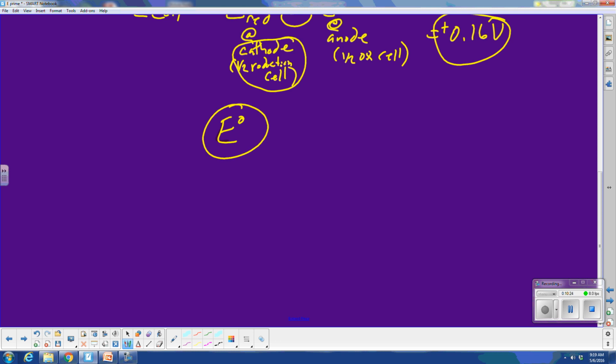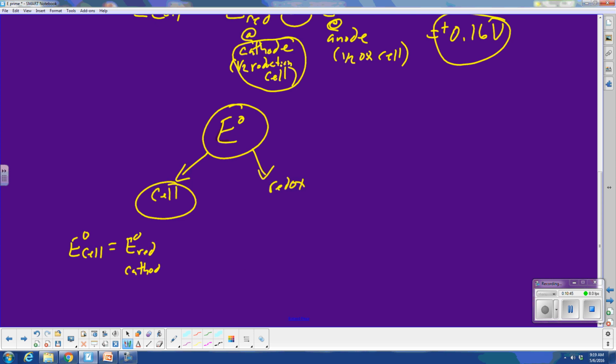My potential I can use for a cell, or I can calculate a potential for a redox reaction. The way I can calculate my cell potential, we said, is that my standard E cell potential is equal to my standard reduction potential at the cathode minus the standard reduction potential at the anode.